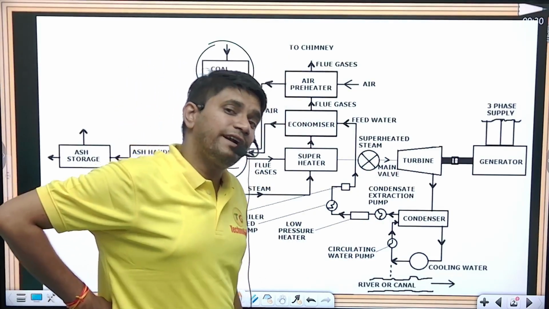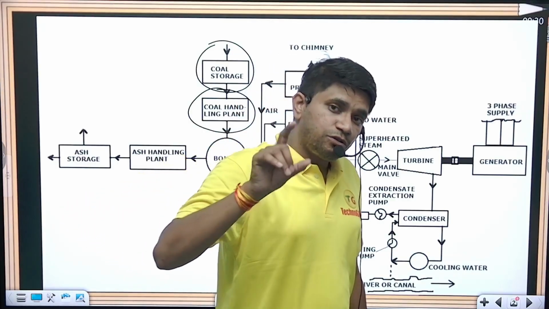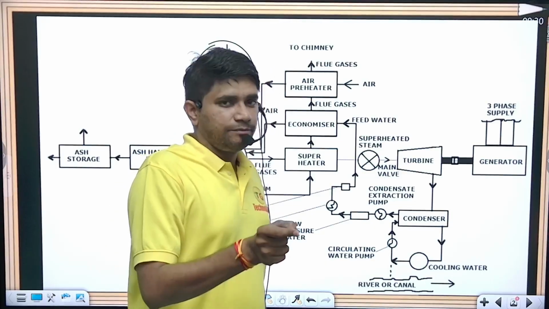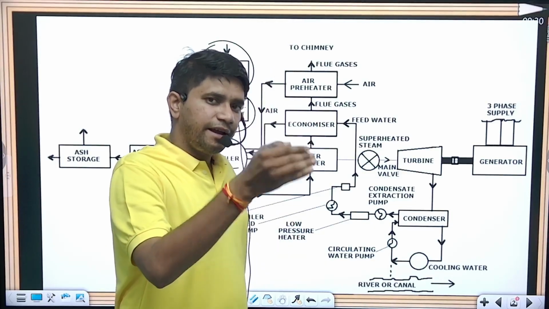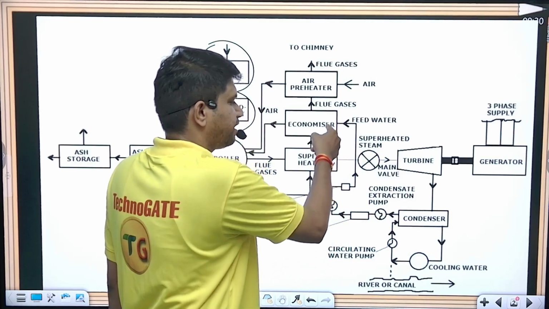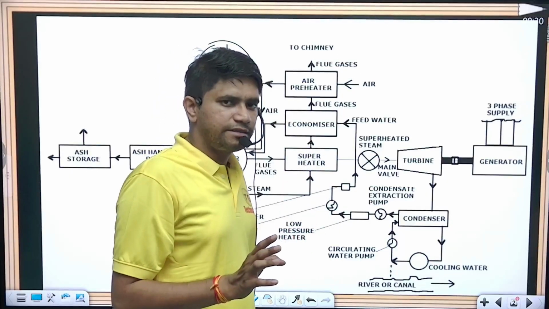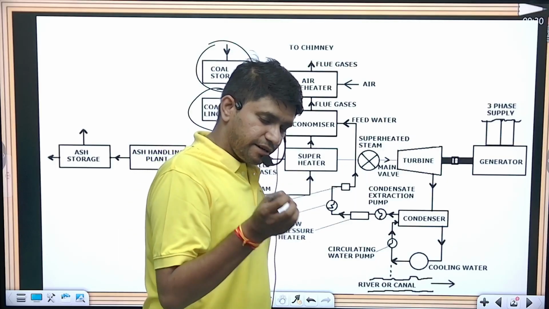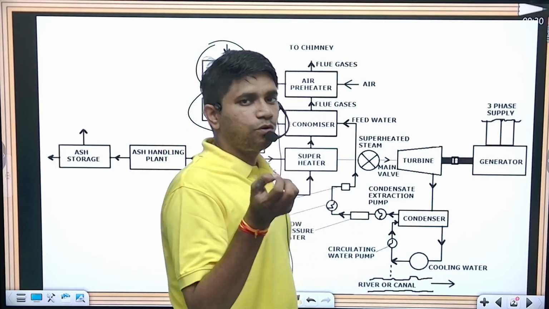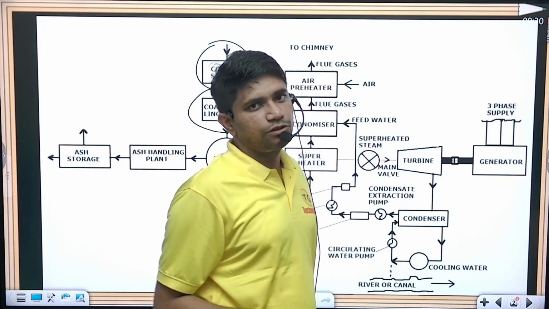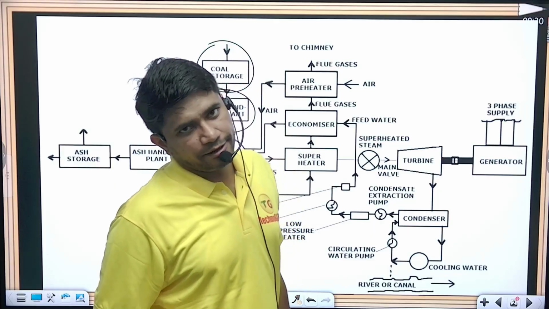and the work of the condenser is to lower the temperature, to cool the hot steam, and again supply it to the economizer and superheater. It is used to decrease the temperature, or you can say cool the hot steam, to use it further again.